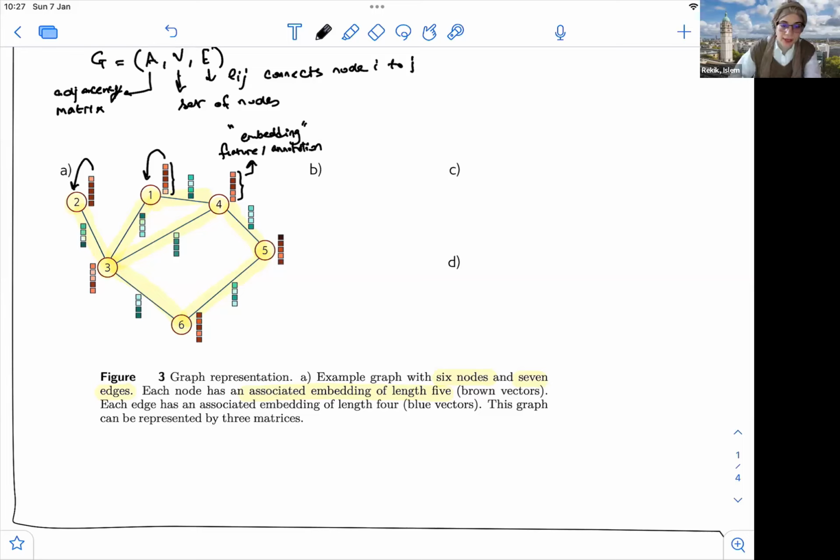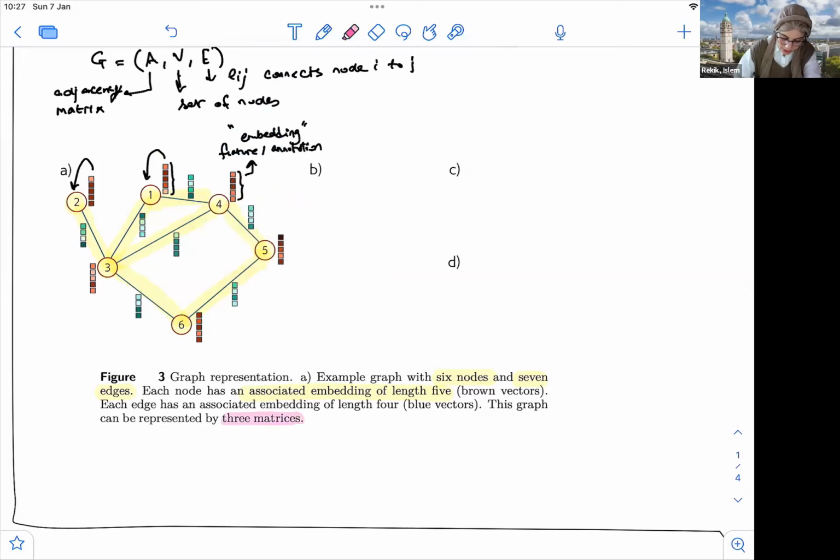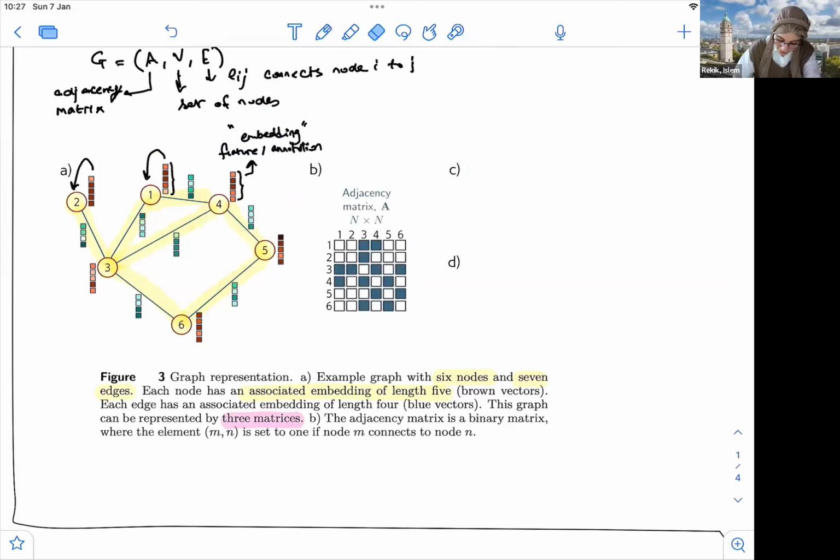So this graph can be represented by three matrices. What are these three matrices? First, we have the adjacency matrix. In this case, it's a binary matrix, which means each element belongs to either 0 or 1. An element, for example, mn is set to 1 if node m connects to node n.